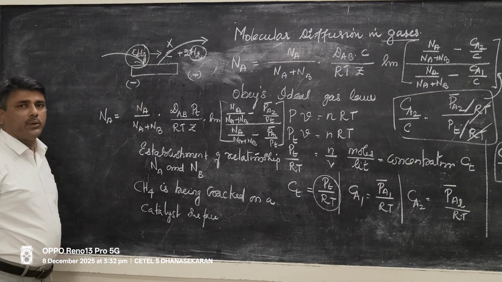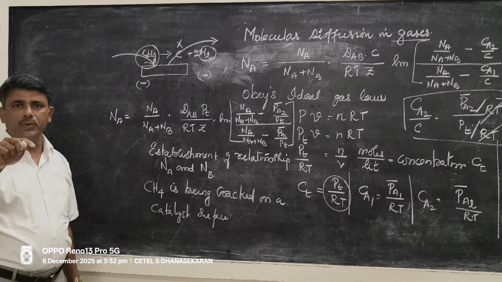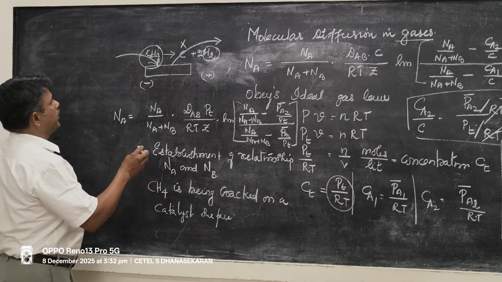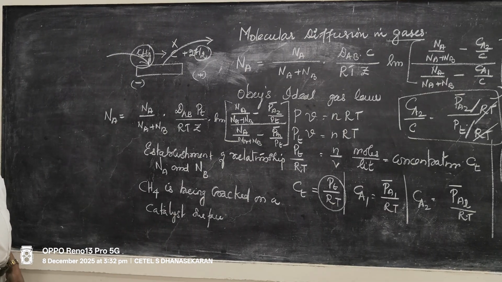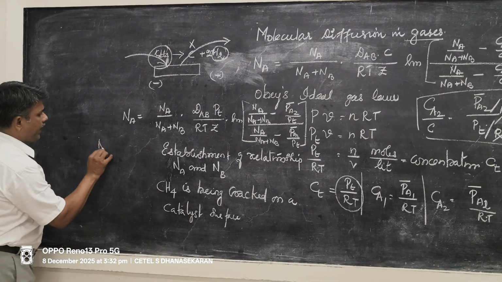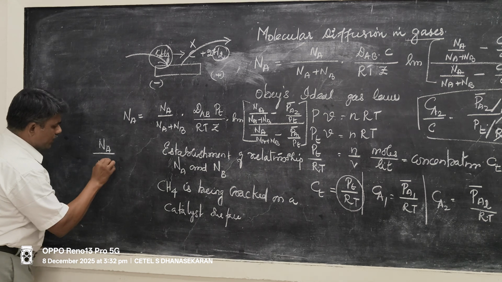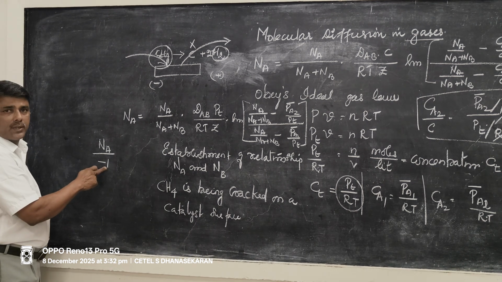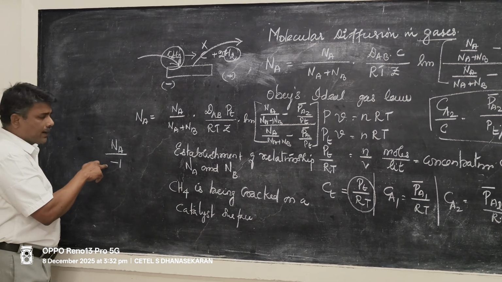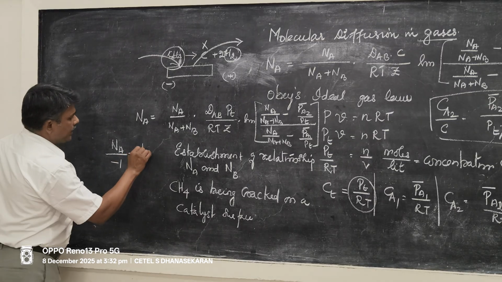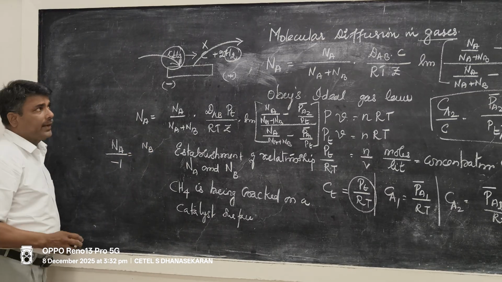Clear? Now I am going to relate the stoichiometric coefficient and rate of reaction, in terms of flux. That means NA divided by minus 1, the number of moles of methane being cracked. It is a reactant, hence I put a minus sign. NB, B stands for hydrogen.